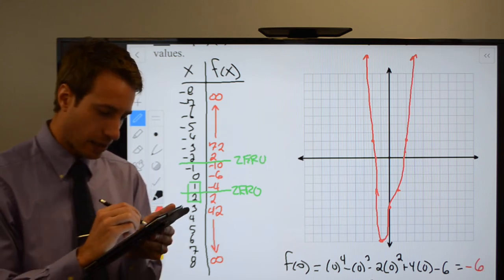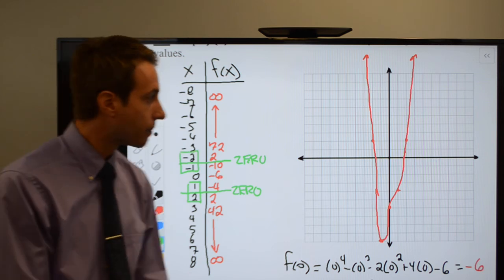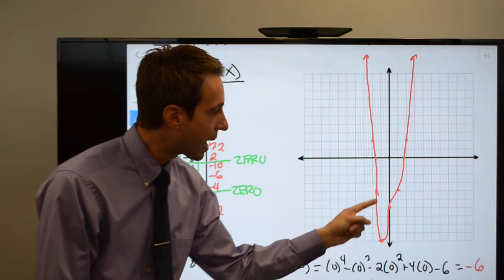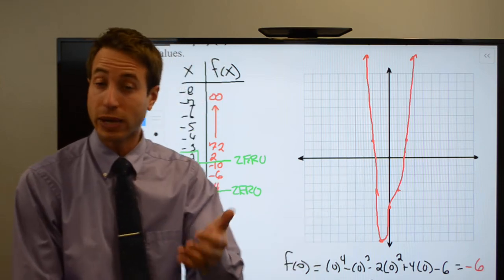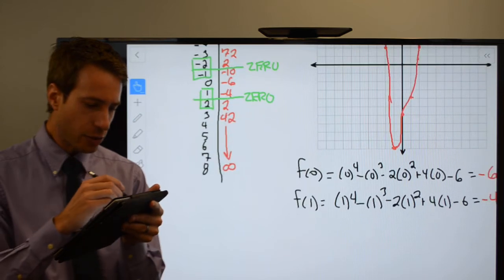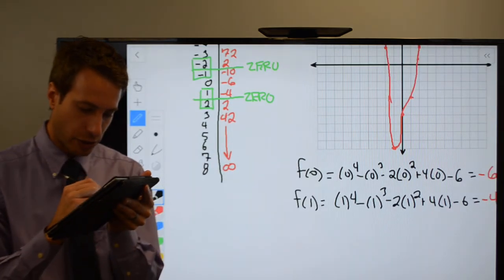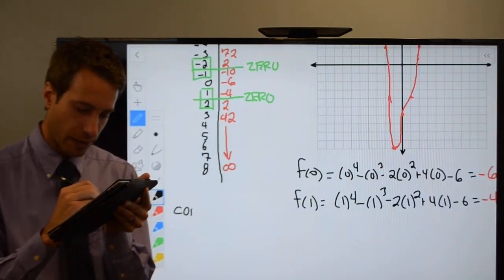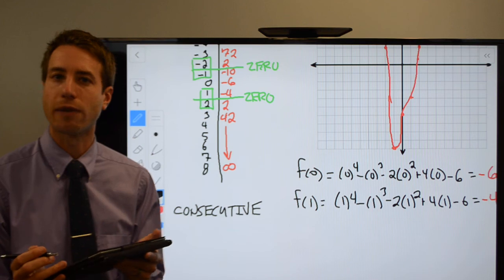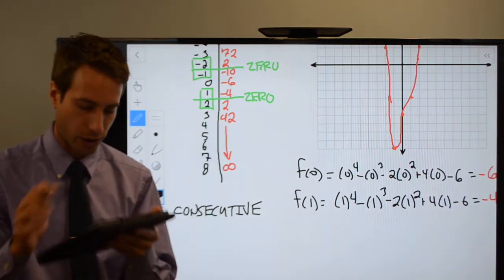And that's exactly what I see right down here. There's -1, there's -2, and I cross between those two integers. So just make sure that you give me those consecutive integers in your final answer when I ask you for them. And it's really easy. It just comes right off your chart. You've already done all the hard work.